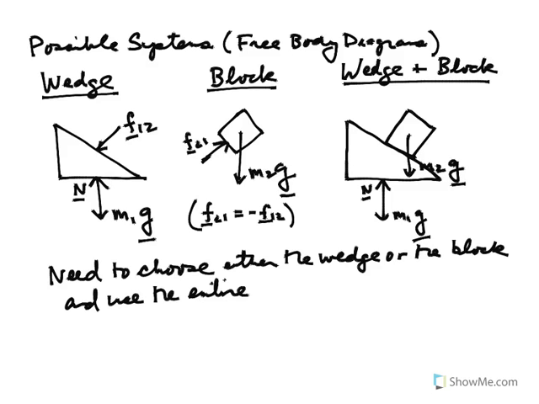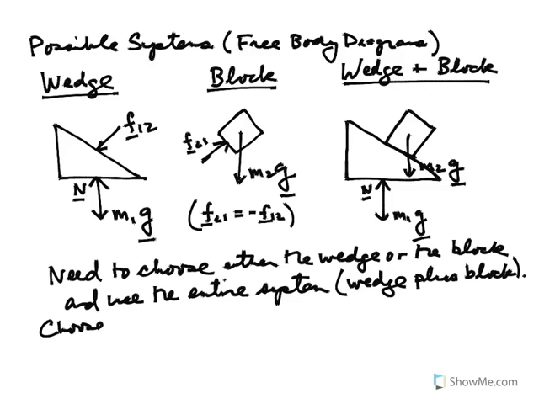And what I mean by the system is I mean the entire system, which is the wedge plus the block. So in this particular analysis, we're going to choose the following systems. 1, the block. And the reason we're going to choose the block is because it has fewer forces acting on it. And 2, the wedge plus the block.